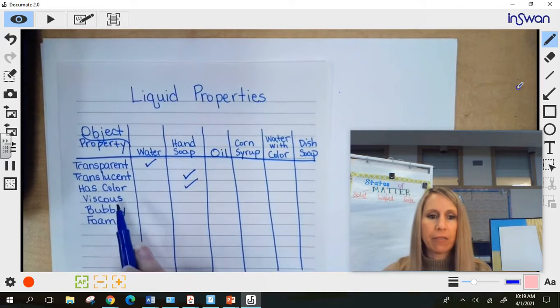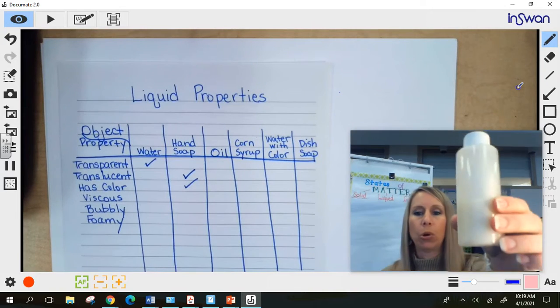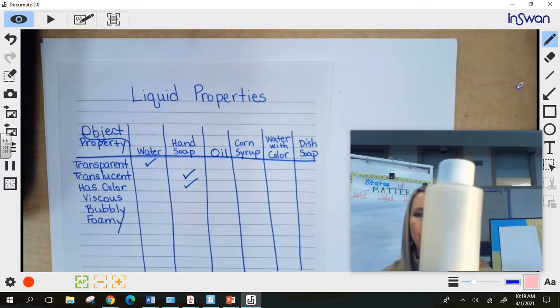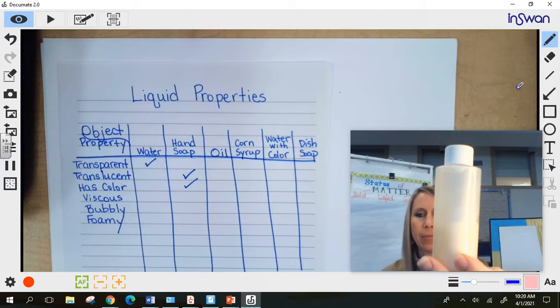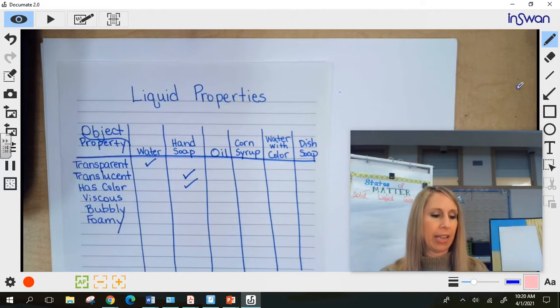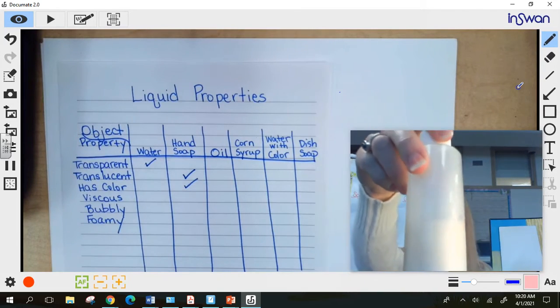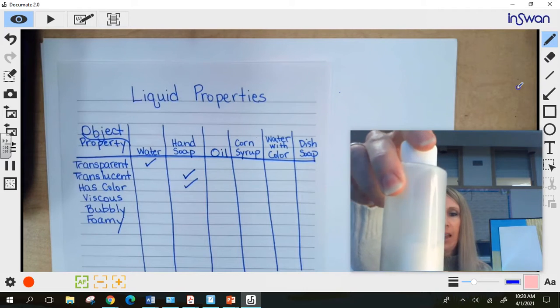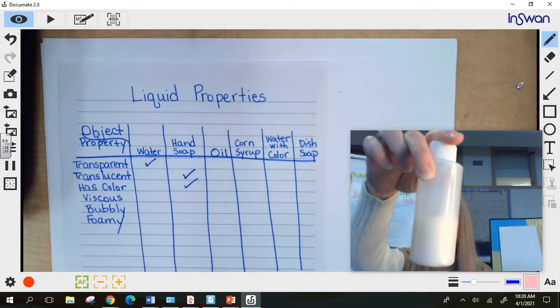Then let's check the viscosity of this one. Does it flow quickly or slowly? I'm going to let some of that soap settle down from the back, and I'm going to see if I can get a little light behind it where you can see even better. So can you see the level right here where that dish soap is?